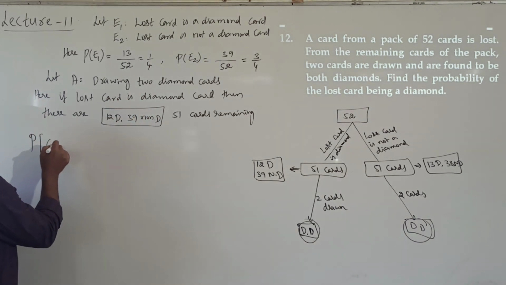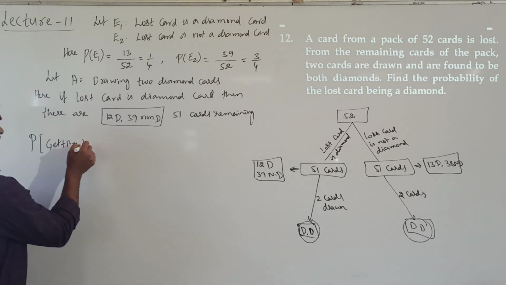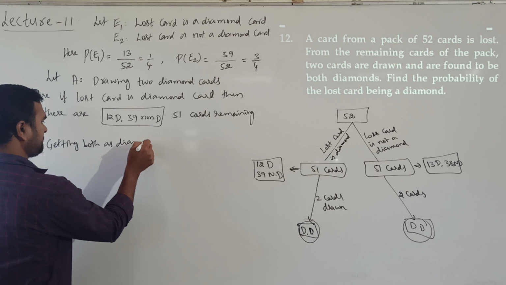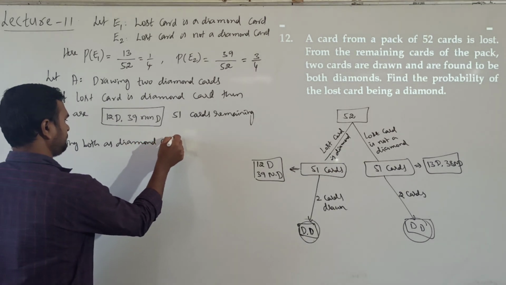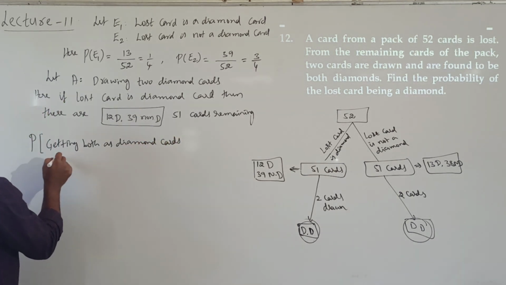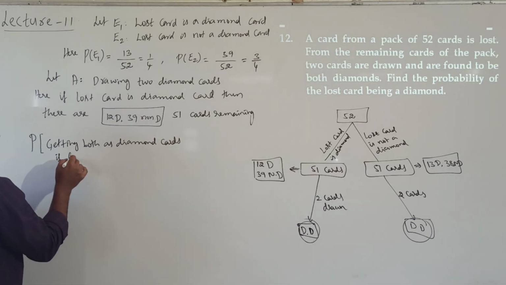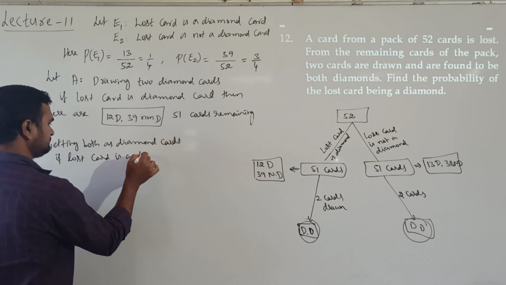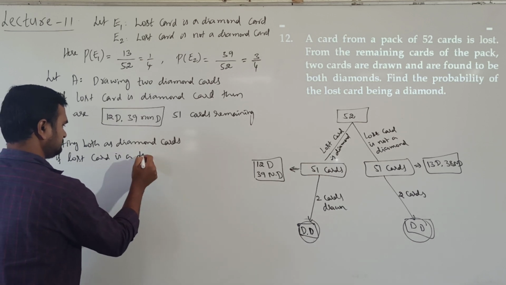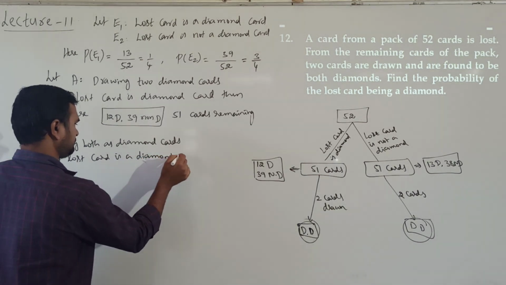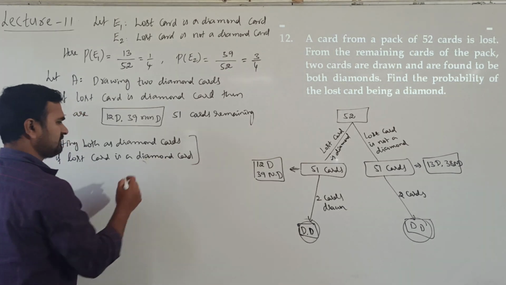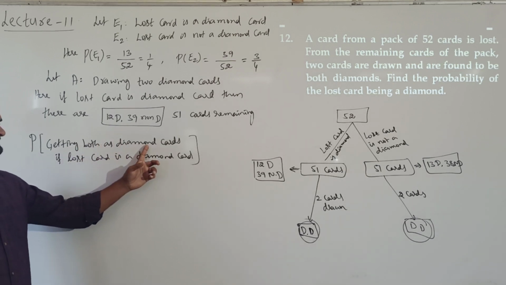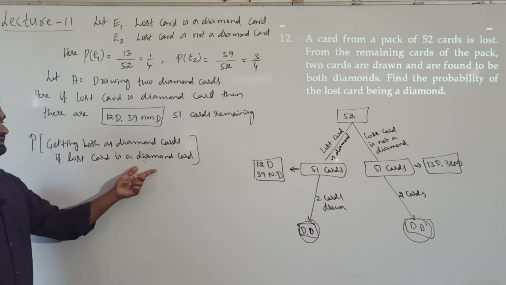So the probability of getting both as diamond cards if the last card is a diamond card. What notation can I write here? The probability of getting both cards as diamond cards if the last card is a diamond.